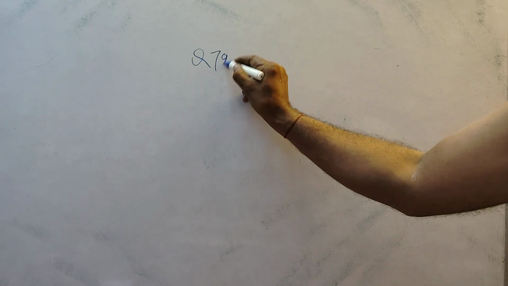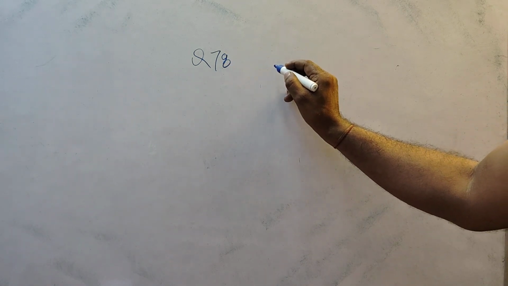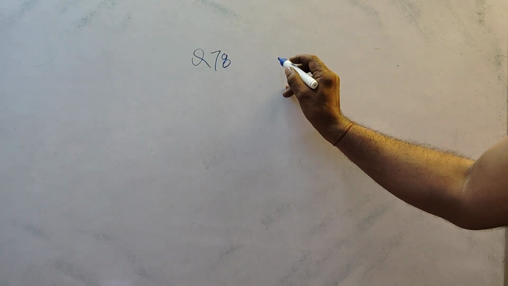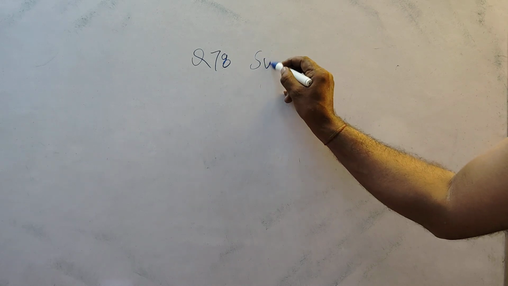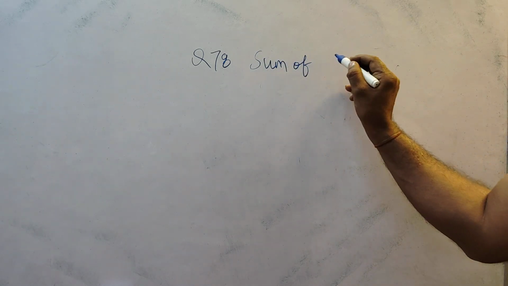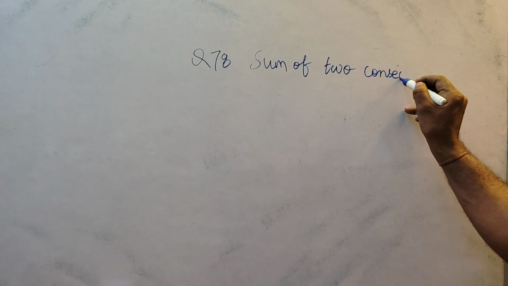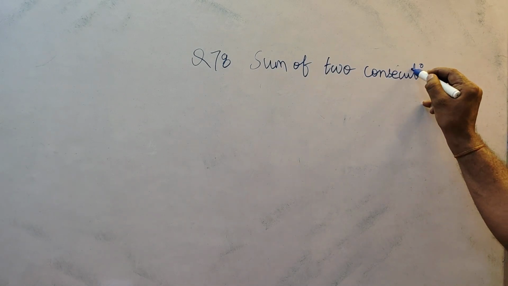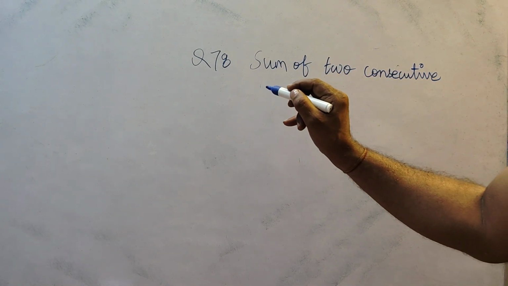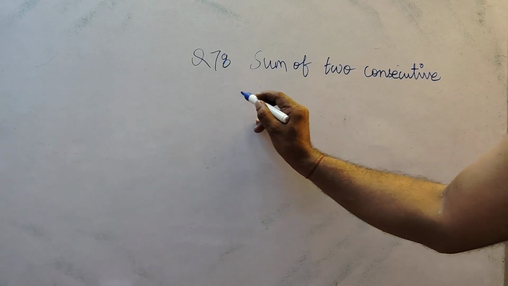Question number 78. The sum of two consecutive odd numbers is always divisible by 4. Do you know the word consecutive? What is the meaning of two consecutive odd numbers?